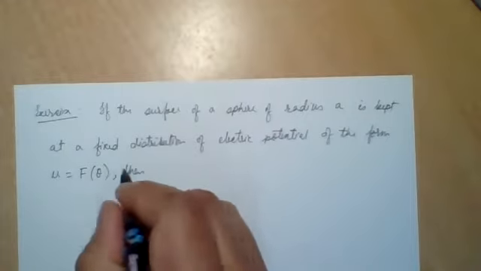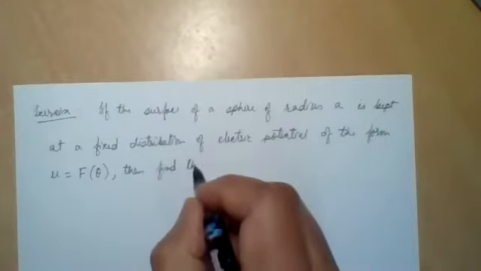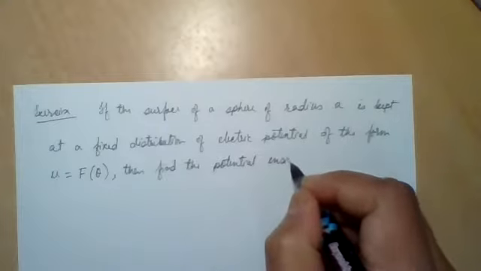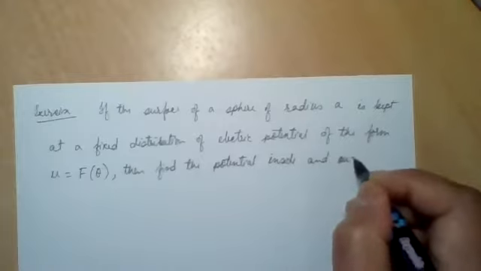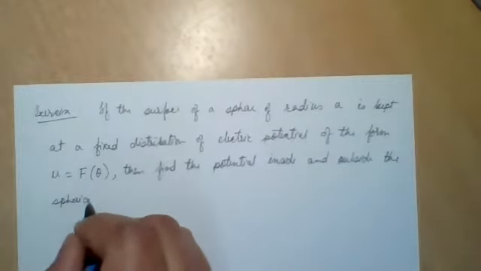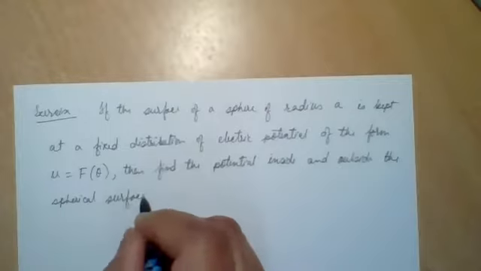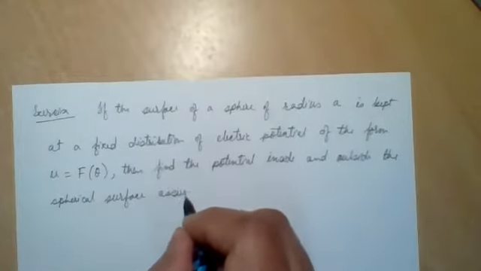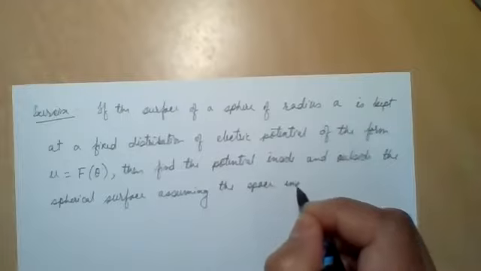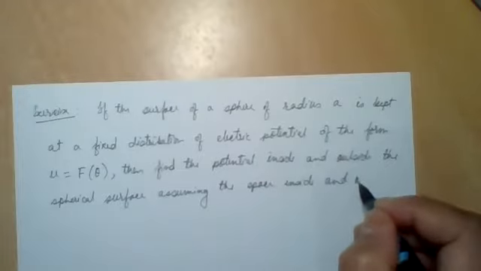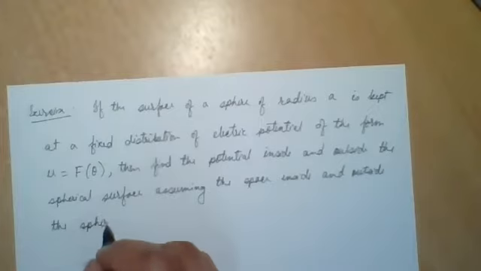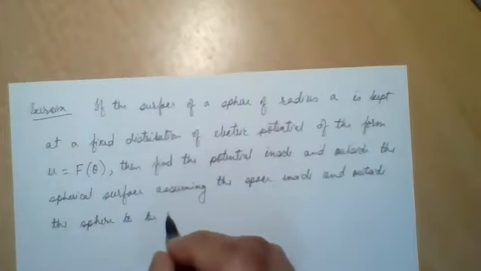Then find the potential inside and outside the spherical surface, assuming the space inside and outside the sphere to be free of charges.